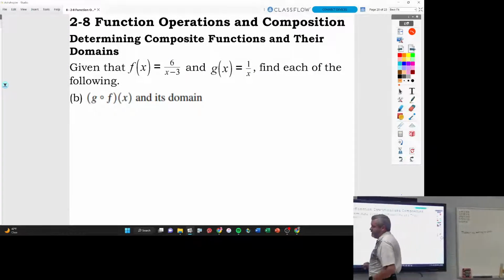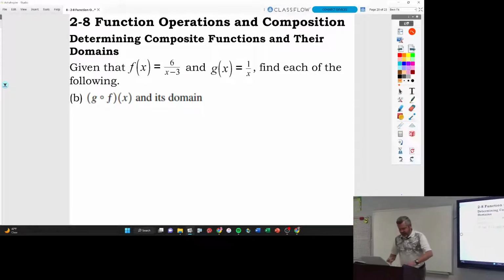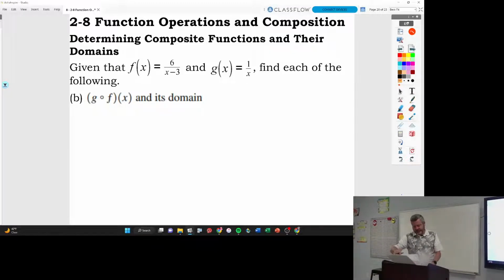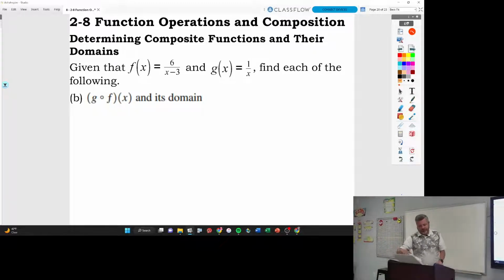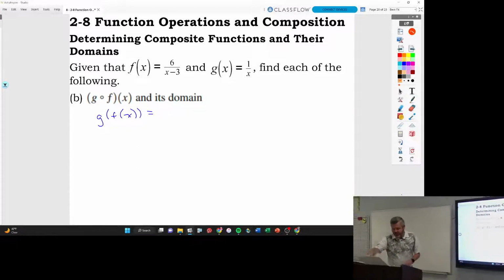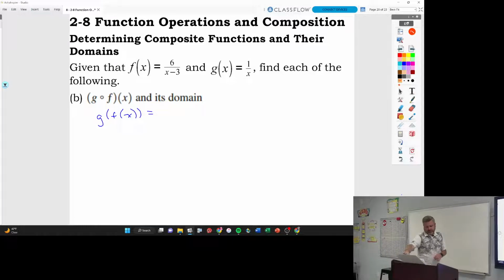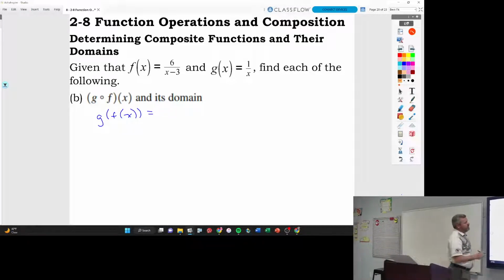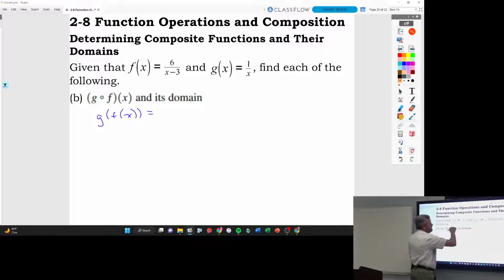g of f of x and its domain. So this means we're going to take g of f of x. All right. So take the g function, anywhere there's an x, plug in f of x.